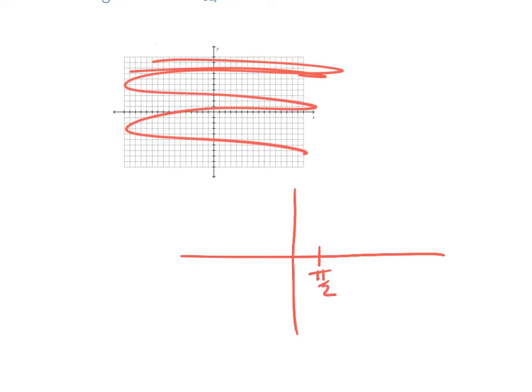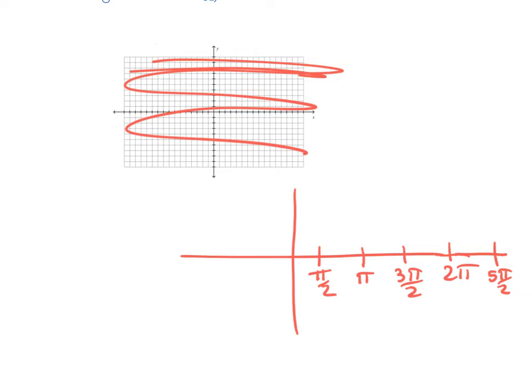If you realize from your quadrant angles, 90 is pi over 2, 180 is pi, 270 is 3 pi over 2, full circle is 2 pi, and I need to go one more, and then beyond that is going to be 5 pi over 2.